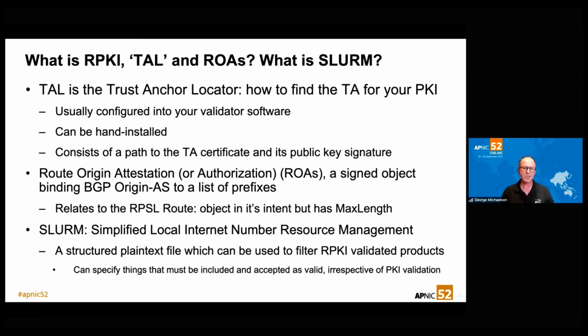SLURM is a simplified mechanism that is, strictly speaking, not part of PKI. It's a filter file that you can add for validation after cryptographic checks and before you pass data to your BGP system. It provides for statements that are simply taken as true, irrespective of the state of PKI.